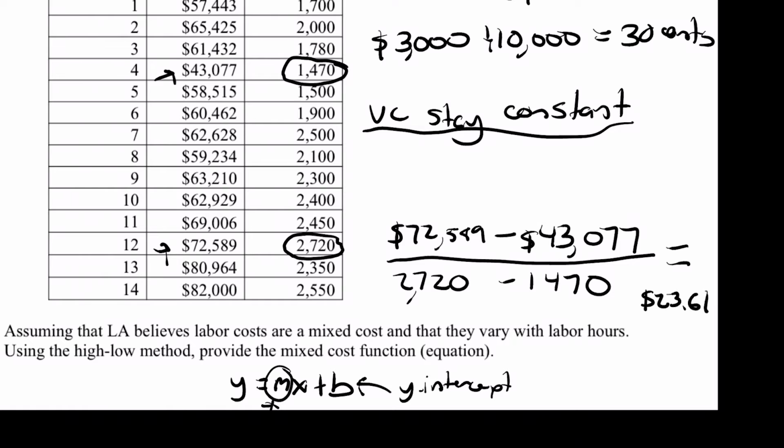And the y-intercept is the cost of labor, or the cost of running this company when there are 0 labor hours. So that's basically before we incur any labor costs. This is like how much it costs to rent the building and get all the equipment for the company. So in order to solve that, right, we're going to go over here.